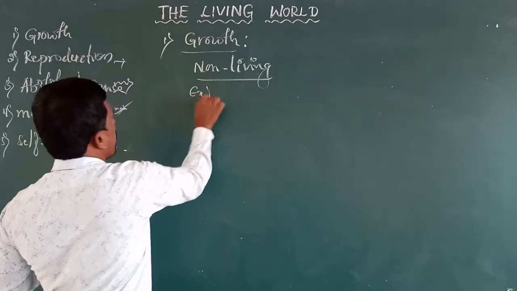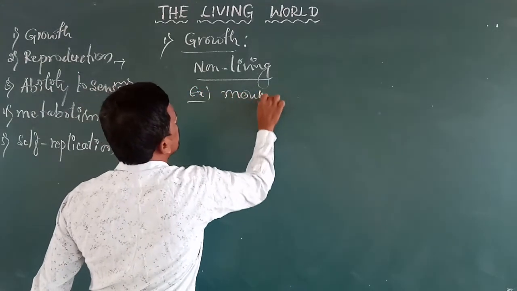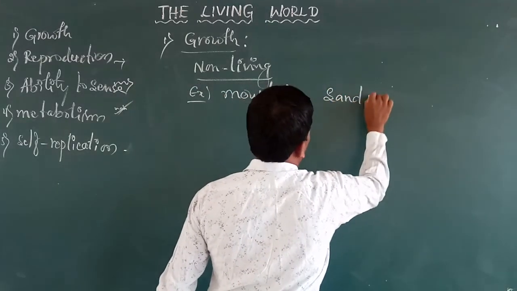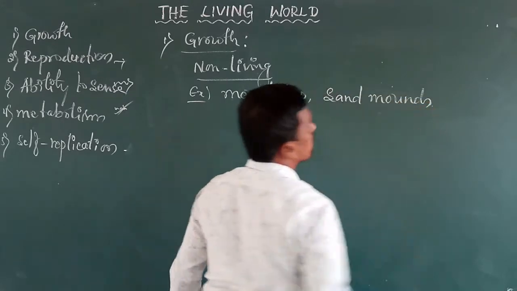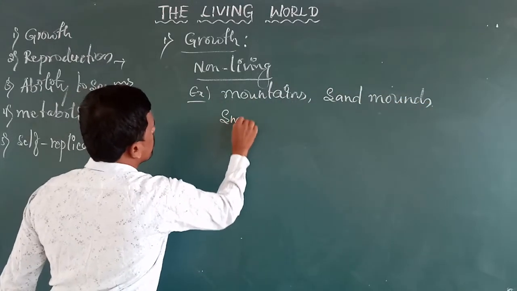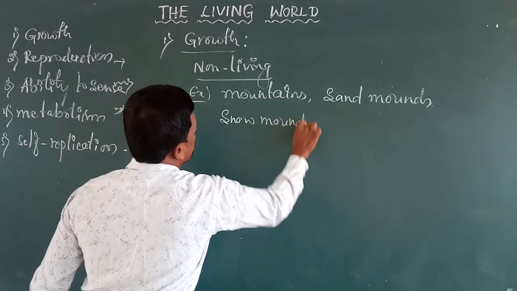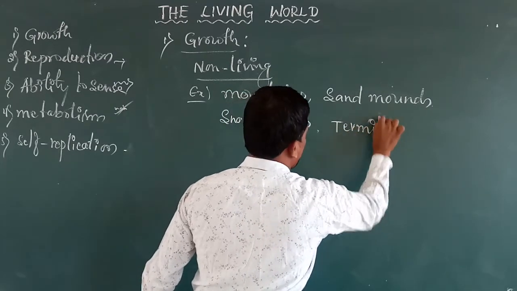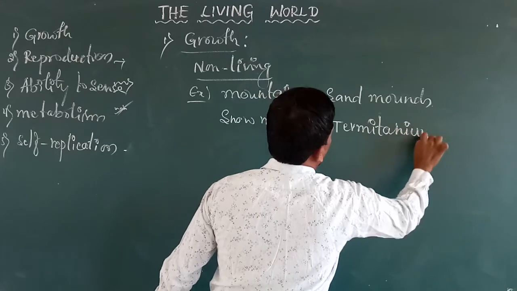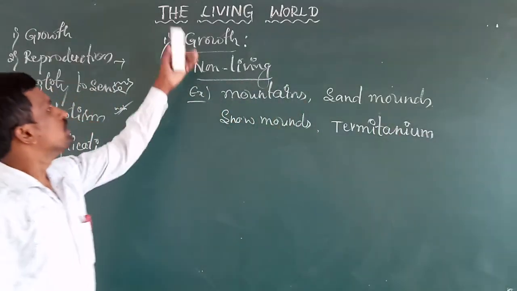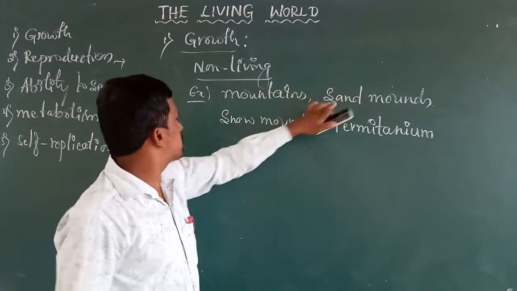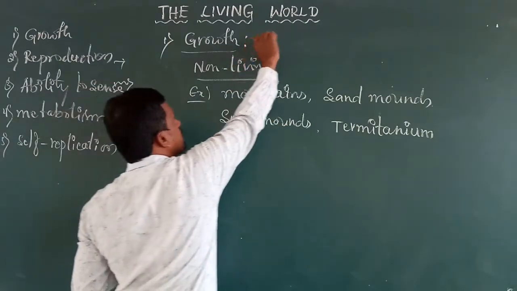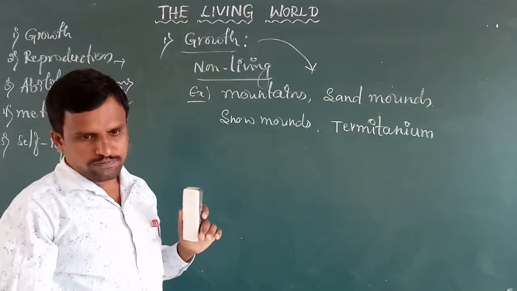For example, mountains, sand mounds, snow mounds, and also termitarium. In mountains, sand mounds, snow mounds and termitarium, the process of growth also takes place.